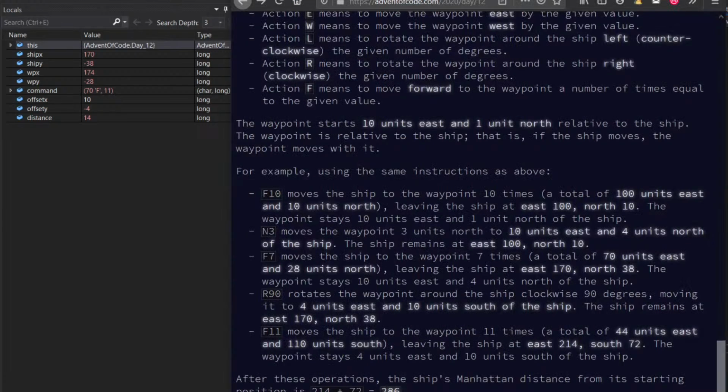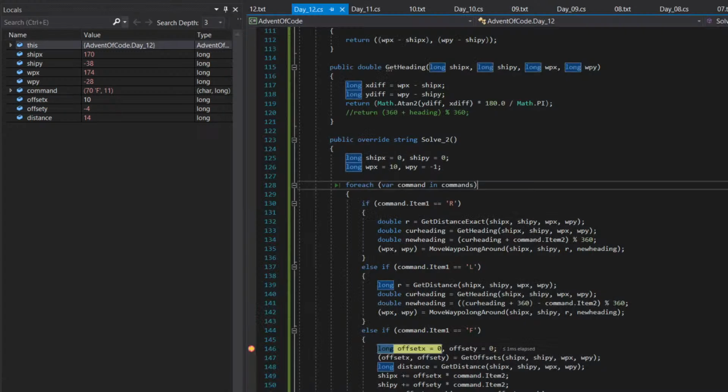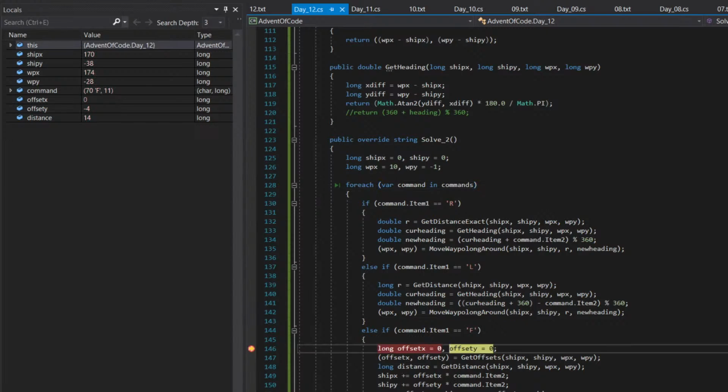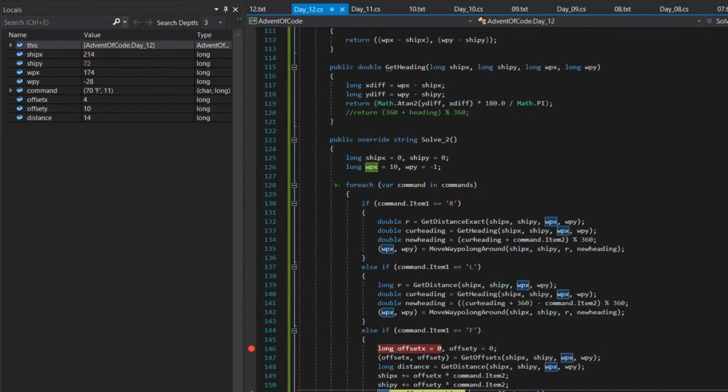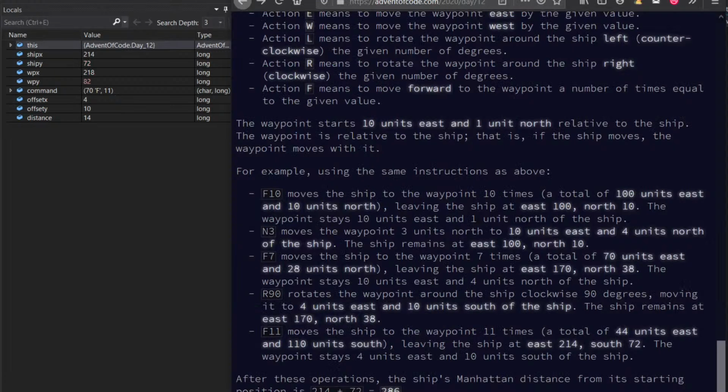So move the ship to the waypoint 11 times, a total of 44 units east and 10 units south. $214 by 72.